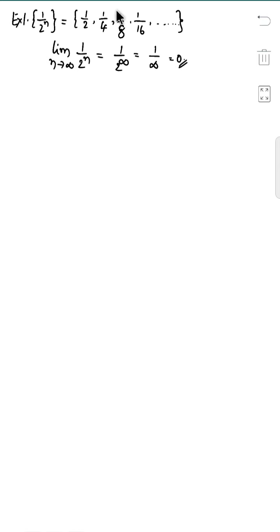All the terms of the sequence are gradually approaching 0, right? So this 0 is called the limit of the sequence.